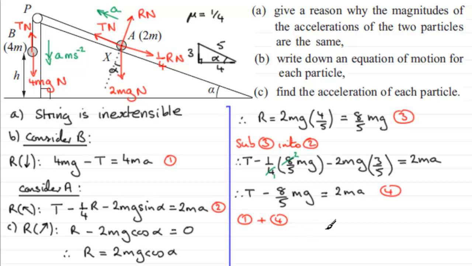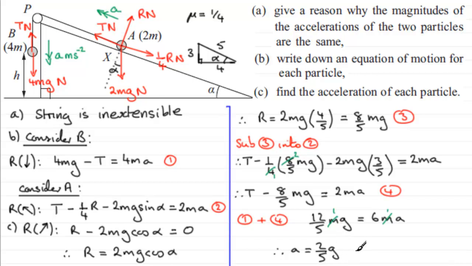So we've got 12/5 mg equals, and then here we've got 4ma plus 2ma, so it's going to be 6ma. And I can see that the m's cancel one another out, they're in both terms here. And so I've just got to divide by 6 on both sides, and that will give me the acceleration. So the acceleration will be 12/5 divided by 6, which is 2/5, so we've got 2/5 g.